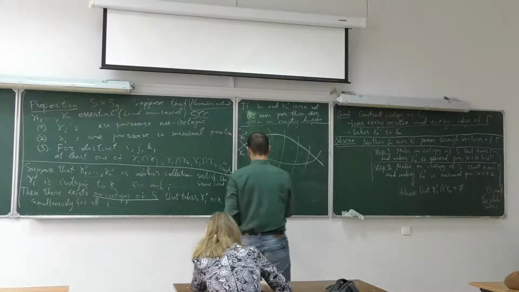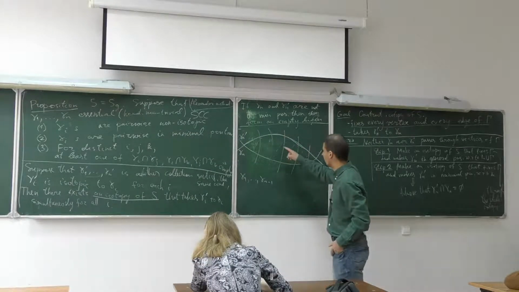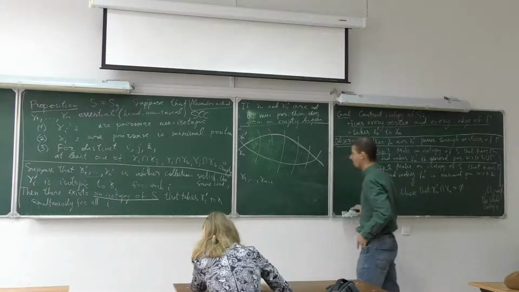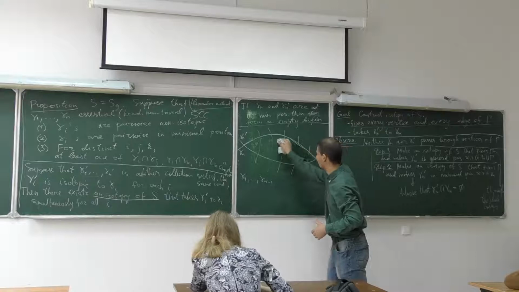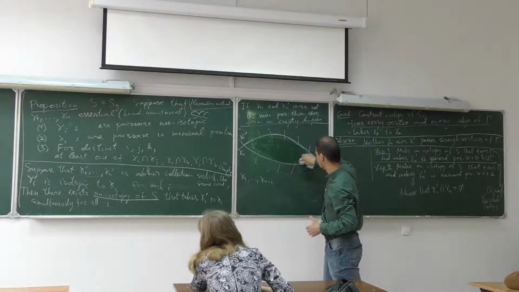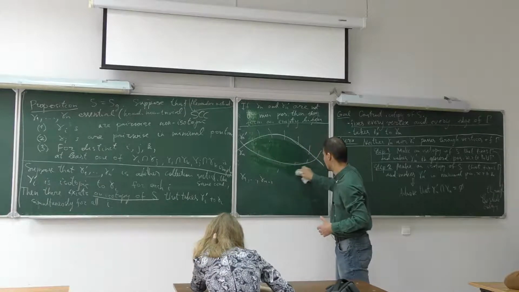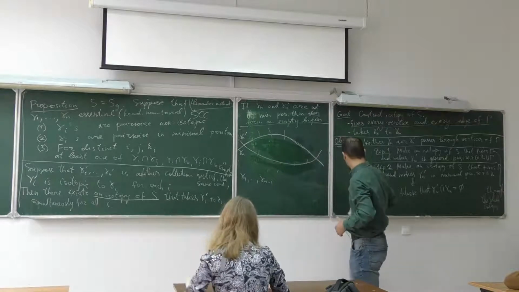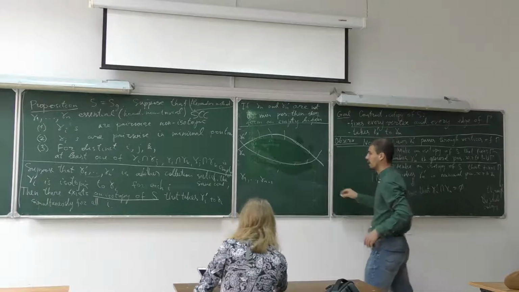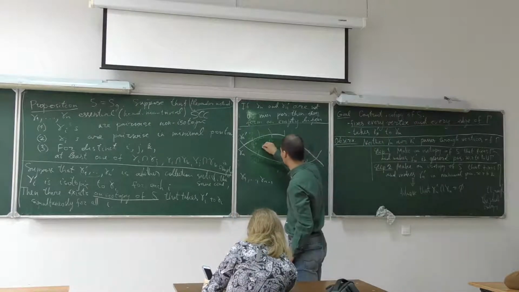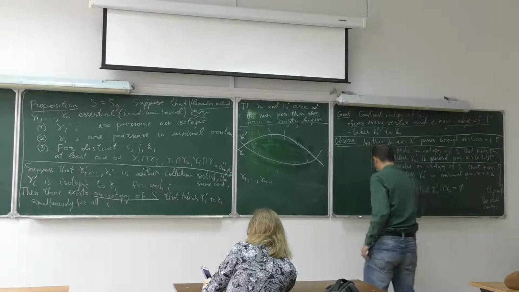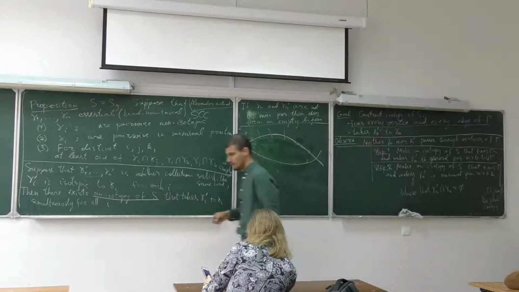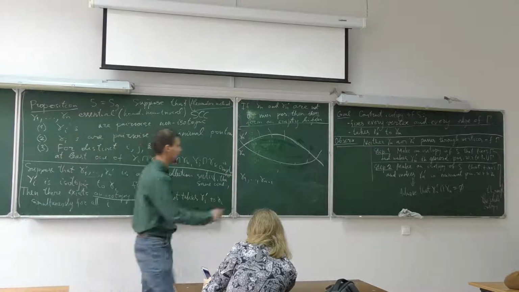Okay, what can happen here? Assume that we have at least one vertex of the graph gamma inside the bigon.